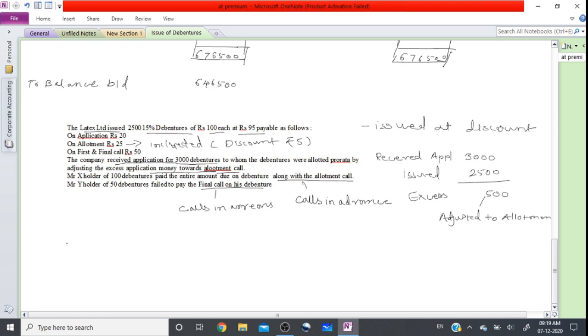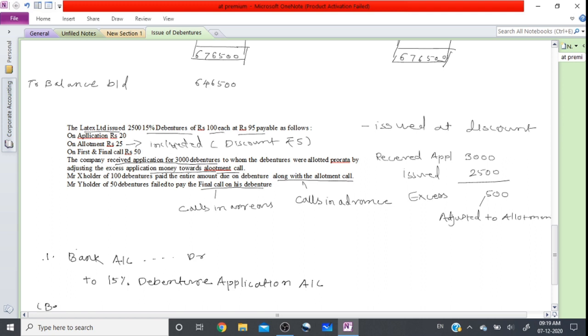Okay, so now let us try to pass the journal entries. Very first journal entry, you know that receiving the application money. So here entries: bank account debit to 15% debenture application account.